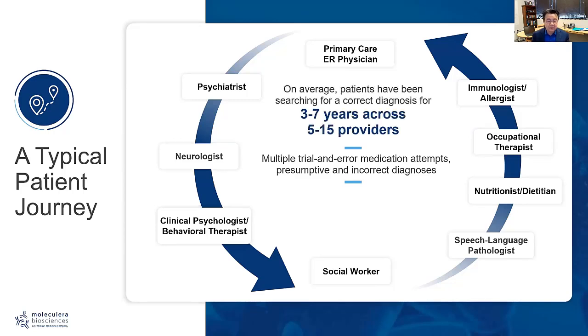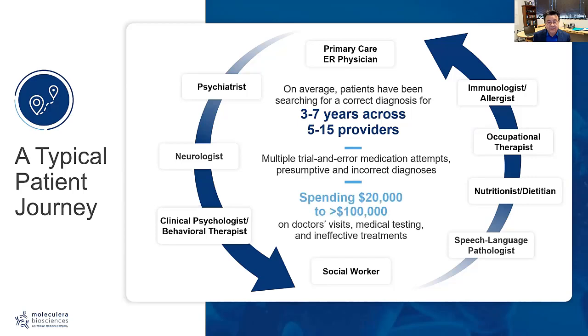And on average, what we have found in a burden of care study, is that they spend about 3 to 7 years across 5 to 15 providers, in addition to spending 20,000 to 100,000 US dollars on doctor visits, medical testing, and ineffective treatments.